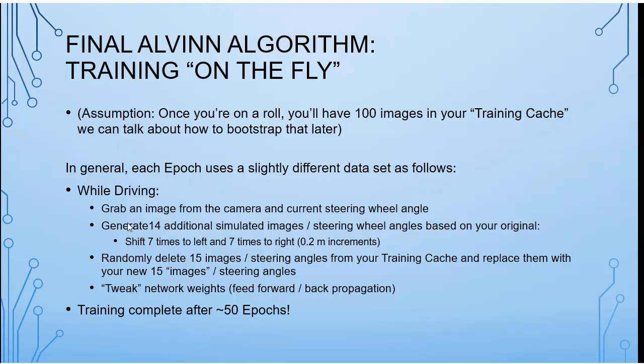Randomly throw out 15 old images from your training cache and replace them with these new 15 images you just generated. Tweak the weights, and it was about 50 epochs, and bing, bang, boom, you were training on the fly.